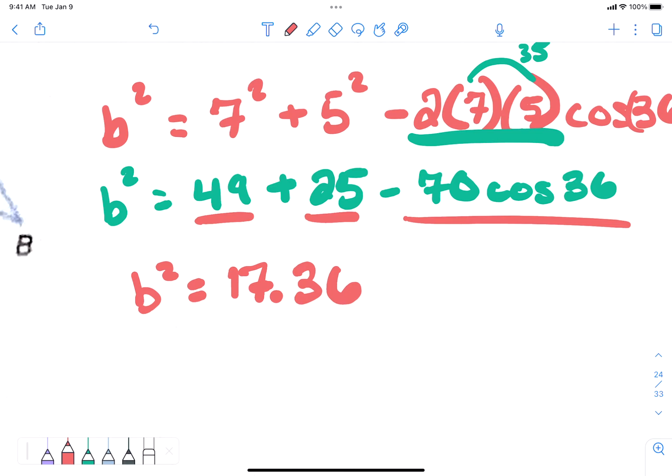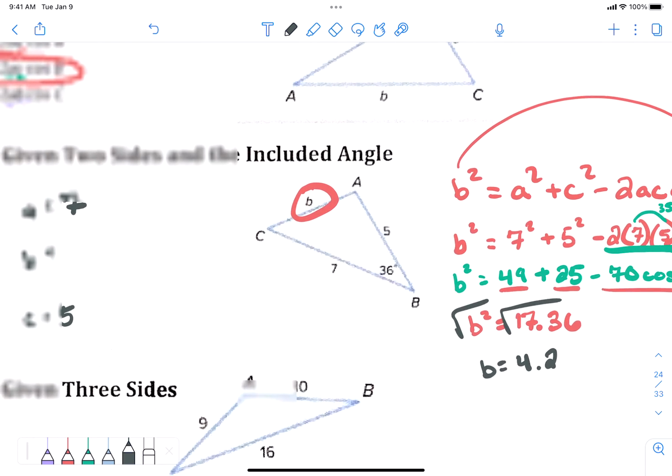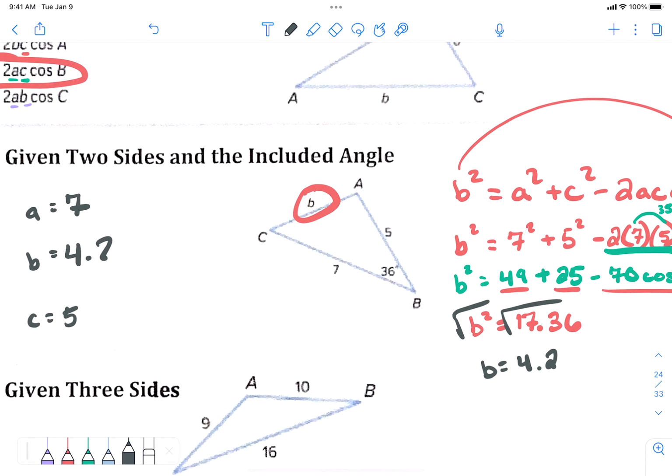That's what b squared is. How do I get just b? Take the square root, and that's going to be like 4 point something. I think it rounds to like 4.2. Is that correct? 4.2. We'll go one decimal place. So 4.2 is what b is. There we go. 4.2. Okay, happy with that?